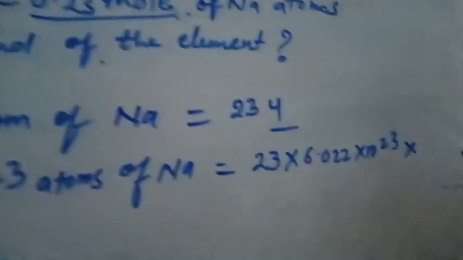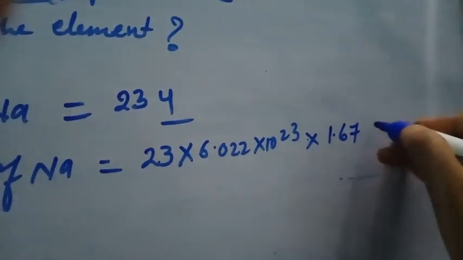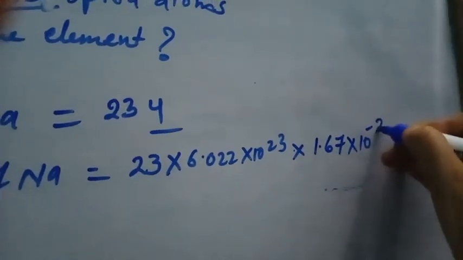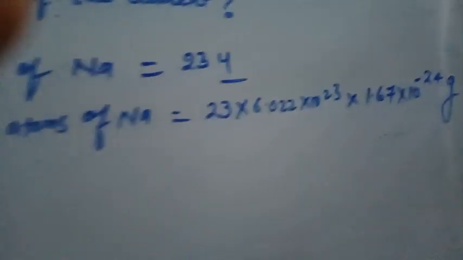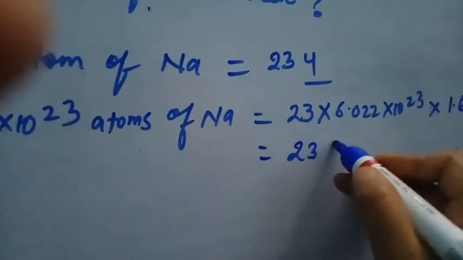So you will change it by placing the value 1.67 into 10 to the power minus 24 grams. If you calculate fully, you will get 23 grams.